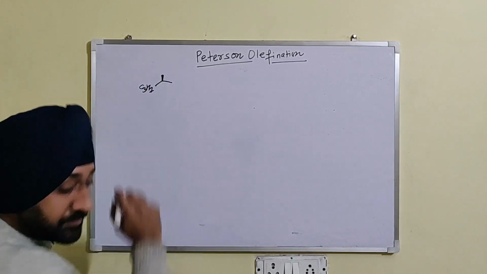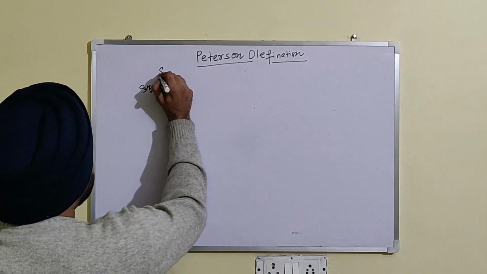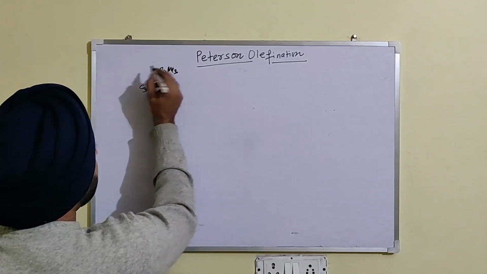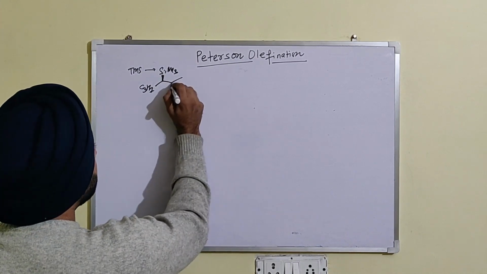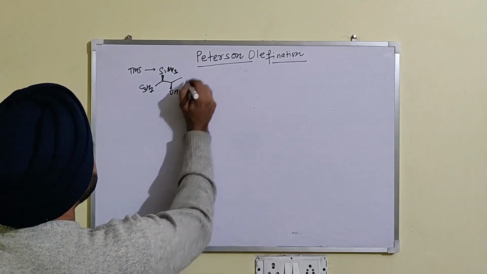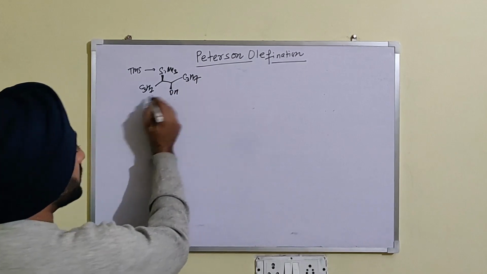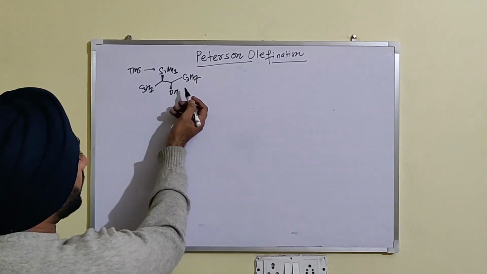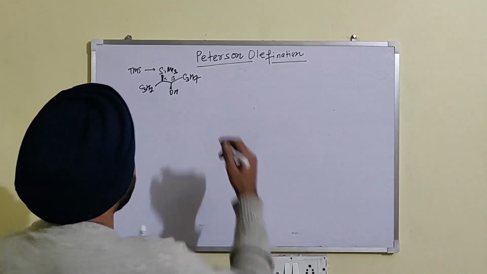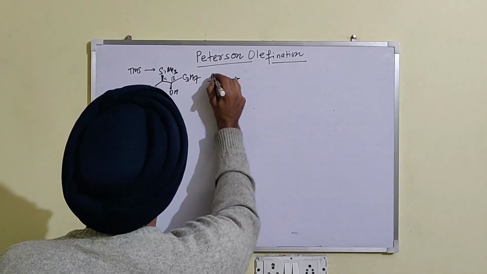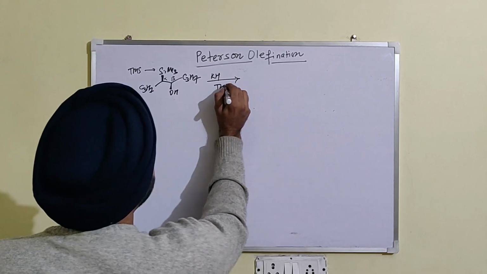C3H7, SiMe3. This can also be written as TMS because this is nothing but trimethylsilane. Okay, so this is a single diastereomer of an alpha beta hydroxysilane. Now what happens if I use potassium hydride in THF?